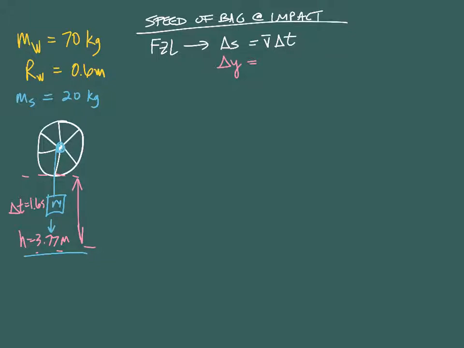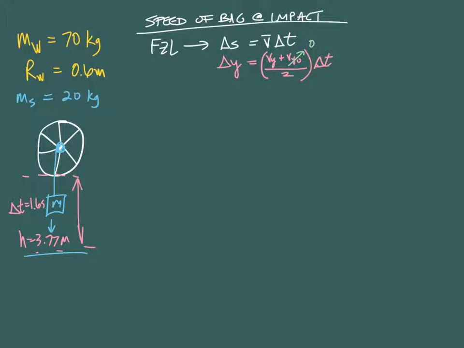The average speed I could write as the final Y speed plus the initial Y speed over 2 times this delta T. All right. Well, my initial Y speed is 0. So that drops out.